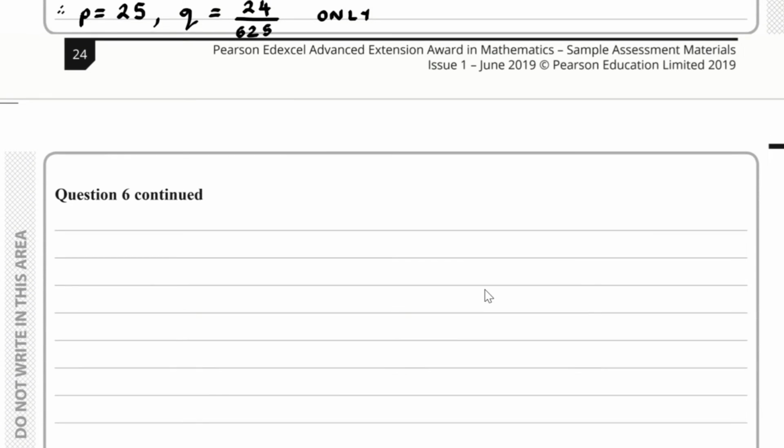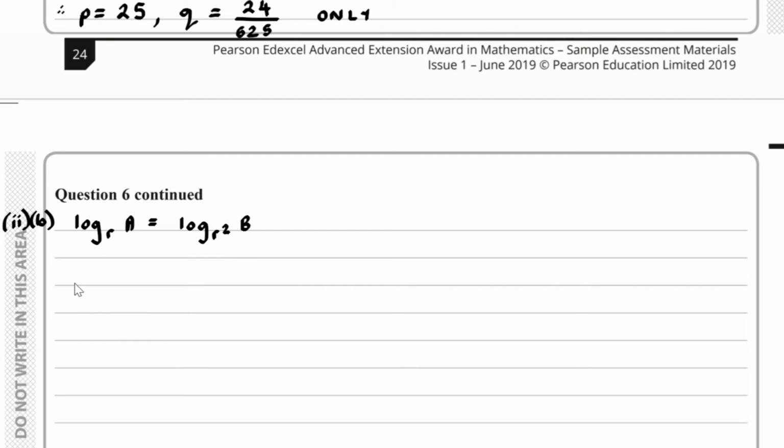So, for the next part of the question, we have log base r of a equals log base r squared of b.